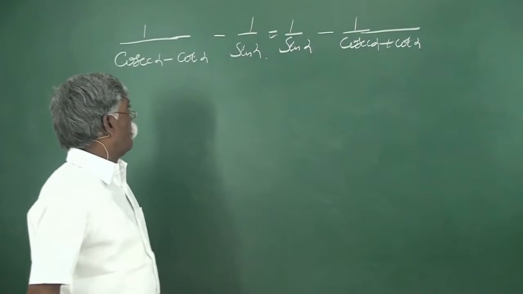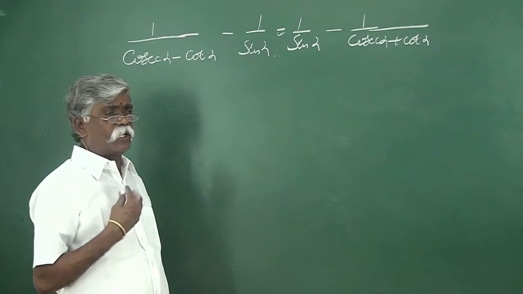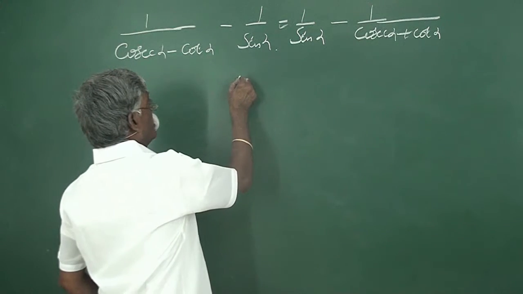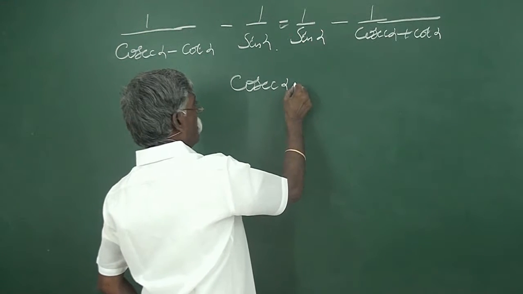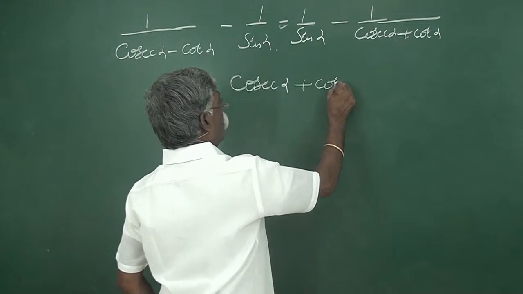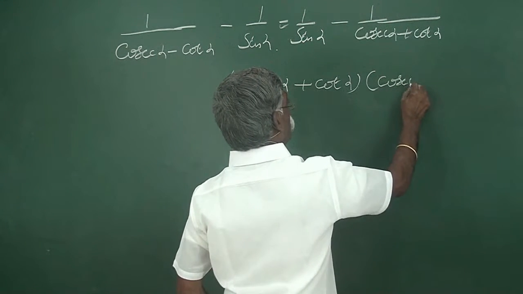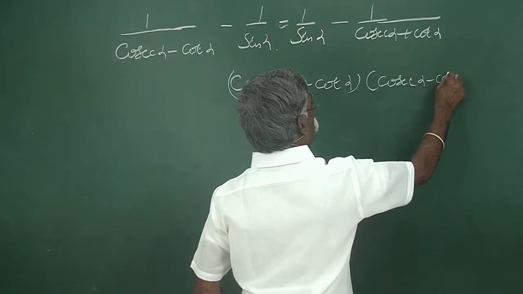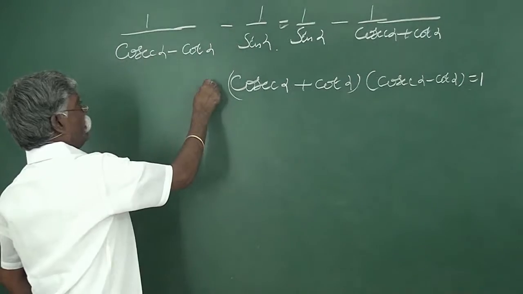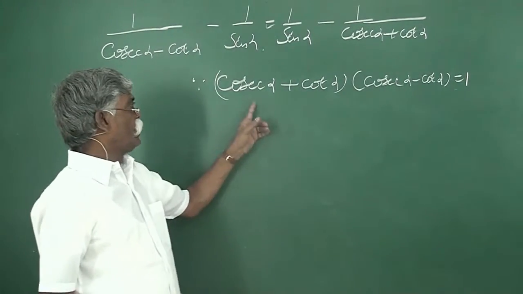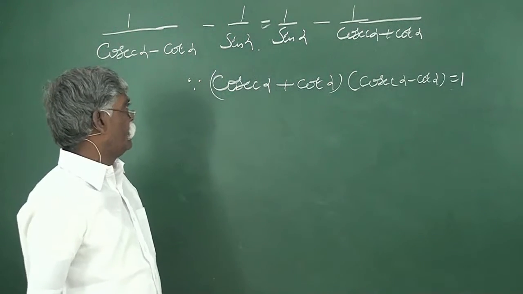So one model is changing the left hand side and right hand side in terms of sine and cos, but to solve it faster, the best method is, we know that cosecant alpha plus cot alpha into cosecant alpha minus cot alpha is equal to 1.